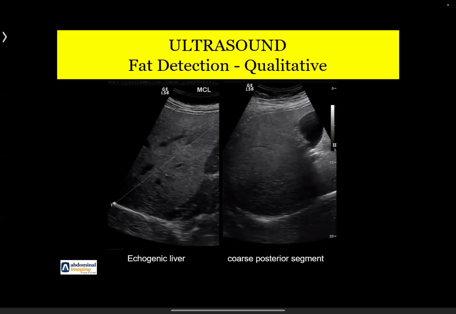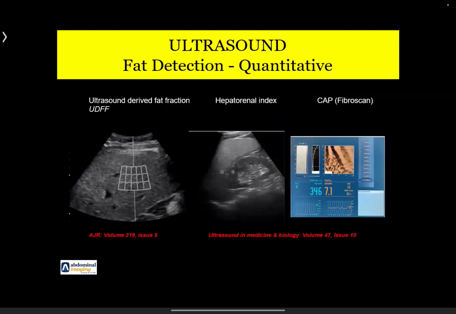Now, quantification of fat can be qualitative, just by looking at the echogenicity and the poor visualization of the posterior liver because of the attenuation. But now there are multiple options available where you can even quantify fat on ultrasound. This is out of my purview as I don't do ultrasounds, but something like PDFF, which is used in MR, there is ultrasound derived fat fraction.